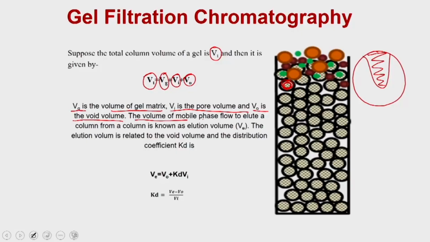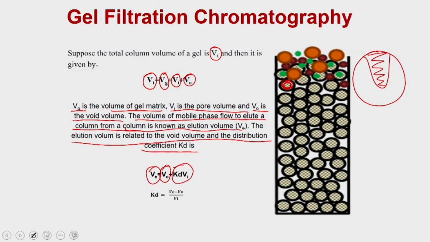The volume of the mobile phase flow to elute a substance from a column is known as the elution volume, or VE. The elution volume is related to the void volume and the distribution coefficient Kd. So, the elution volume VE is equivalent to Vo plus Kd Vi.